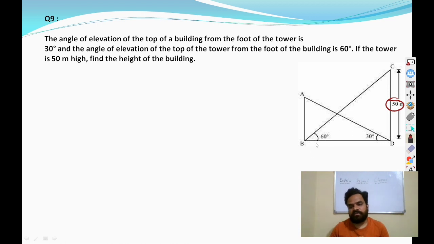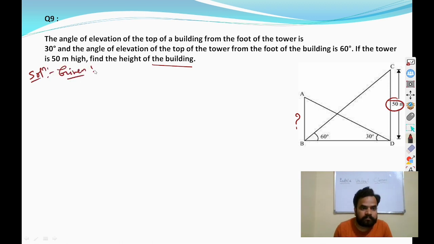Both the angles we know. We need to find the height. Whose height do we need to find? AB. AB is the height of the building. Solution. Given: let AB be the height of the building, which we need to find.